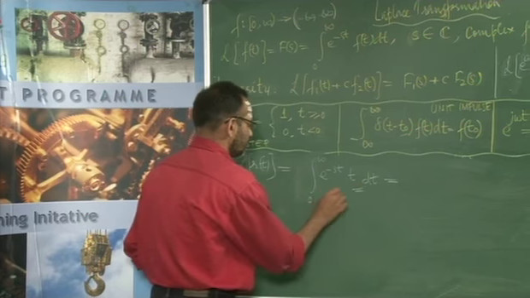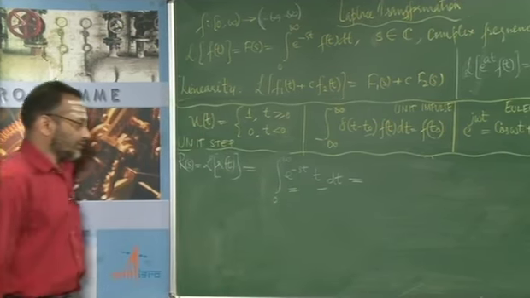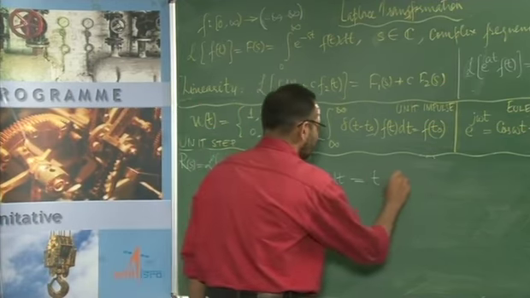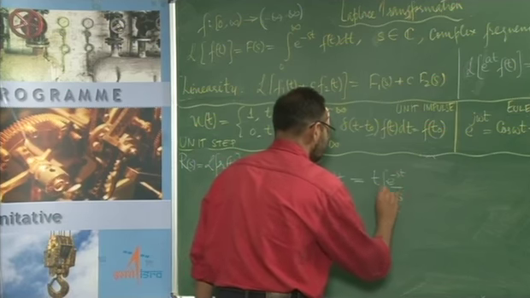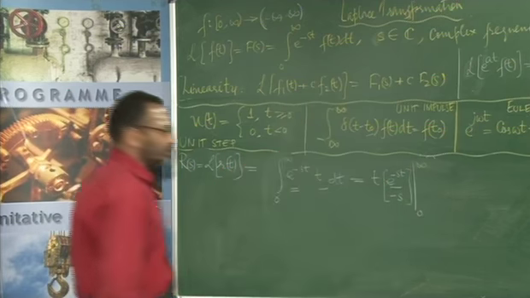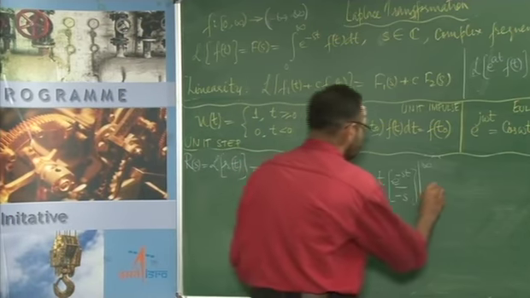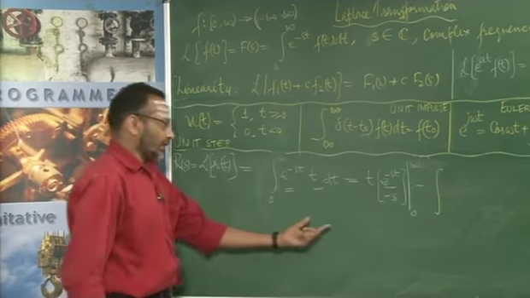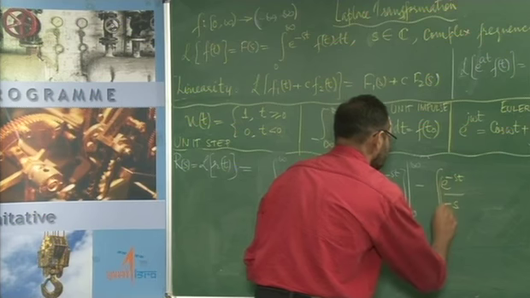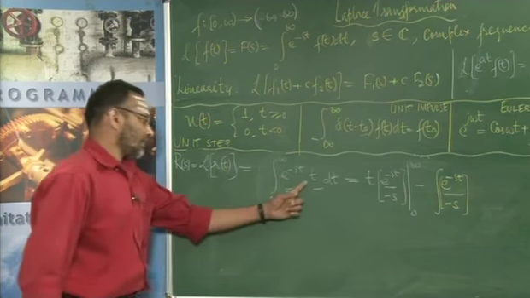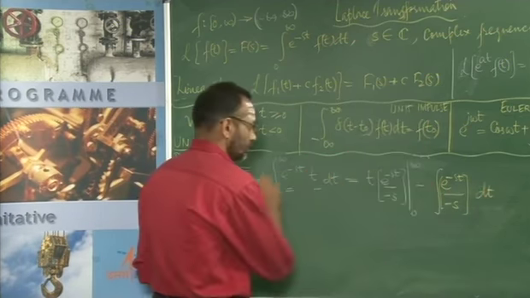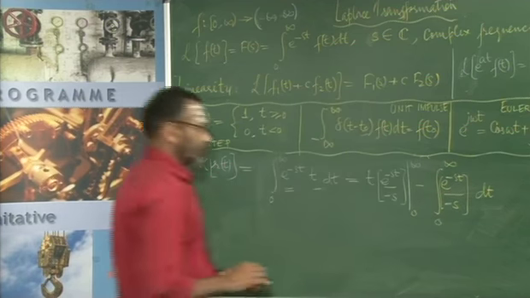Now, this is t into the integral of the second function, e to the power of minus s t divided by minus s, taken between t going from 0 to infinity, minus the integral of the second function, e to the power of minus s t divided by minus s, into the differential of the first function, which is 1, going from 0 to infinity.